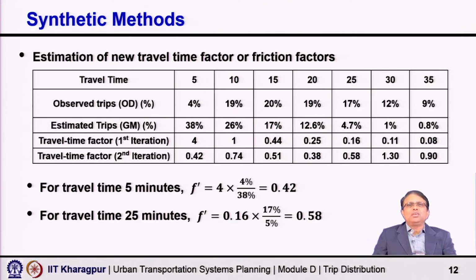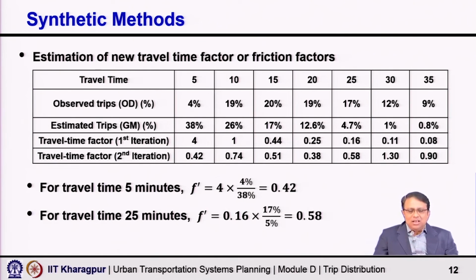I have shown you here how the modification is being done. If my gravity model has given me a higher value than the observed, then the Fij value I have used is higher, I should reduce it. And if my gravity model has given me a lesser value than observed, then I should use a higher multiplier, so my Fij value should increase.